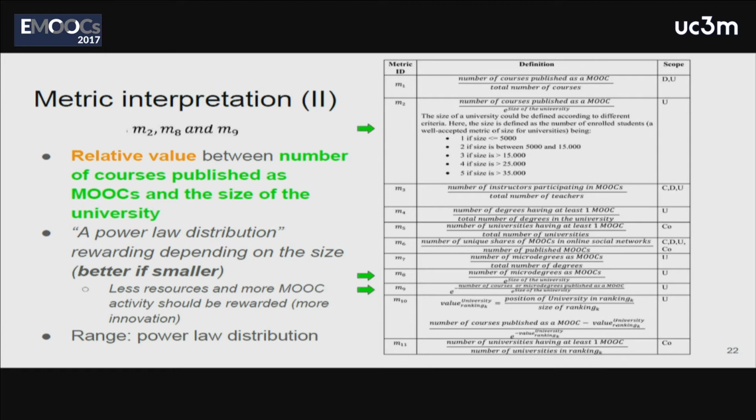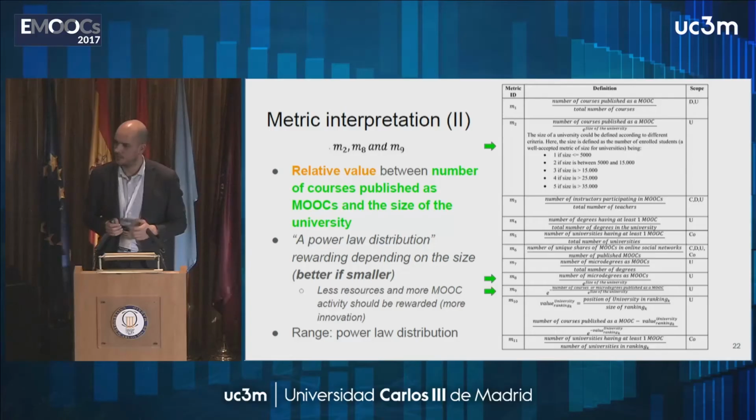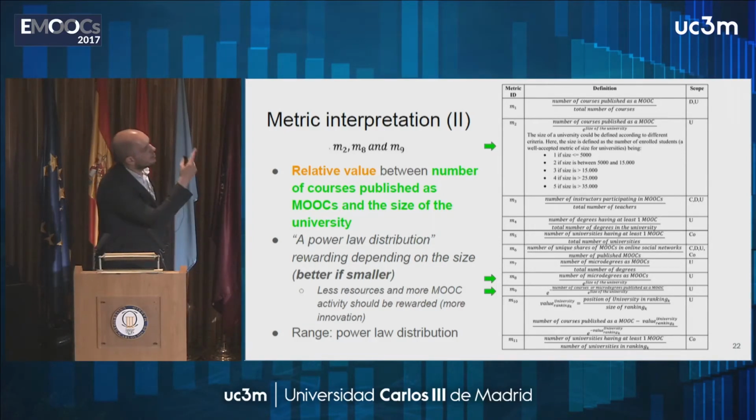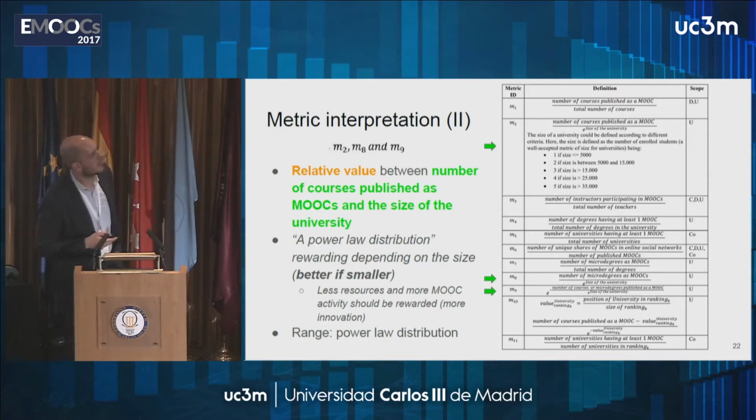What we want with this metrics is to reward those universities that are smaller, because they are expected to have less resources. So this is the example of metric 8 and metric 9.